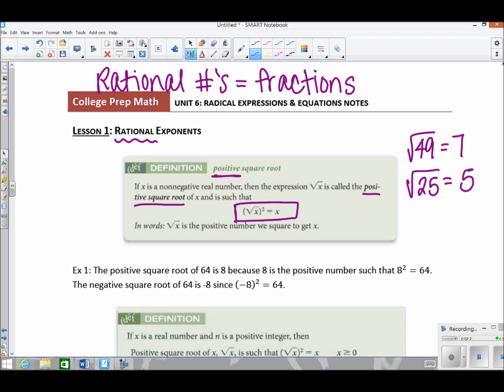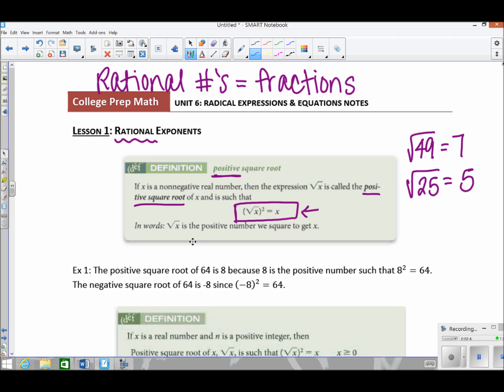It also works when you look at this property here, that whenever you take the square root of x and then you square it, the square and the square root actually undo each other to get you x. So that's a property that's going to be helpful too. Whenever you're squaring a square root, they undo each other.